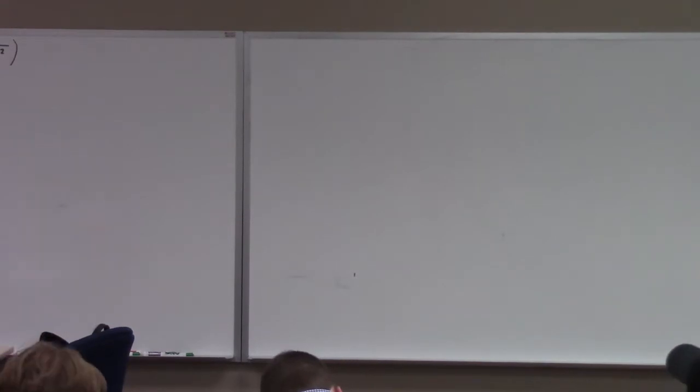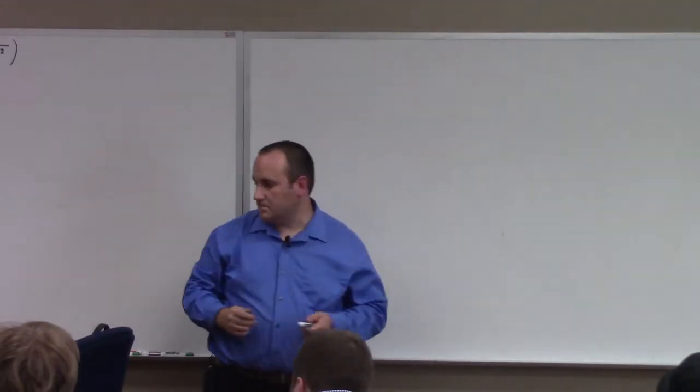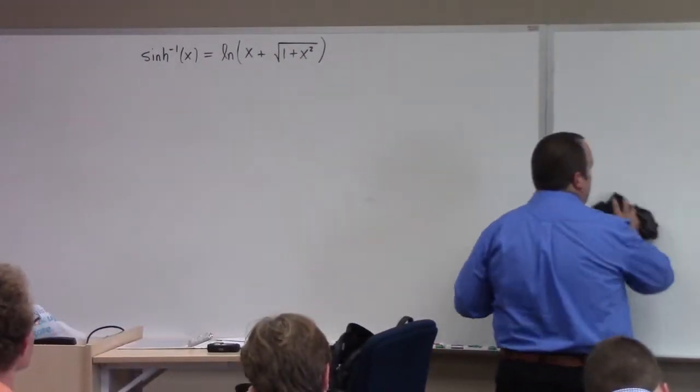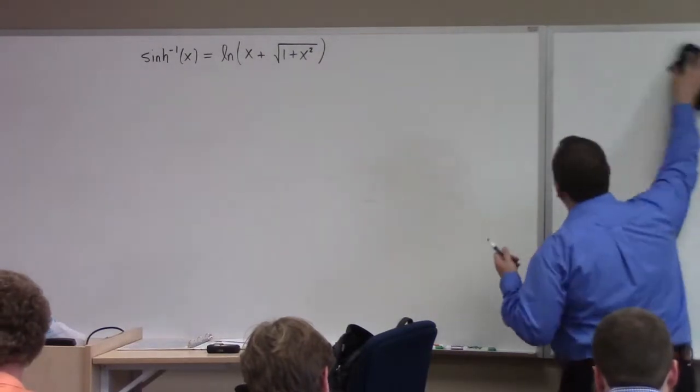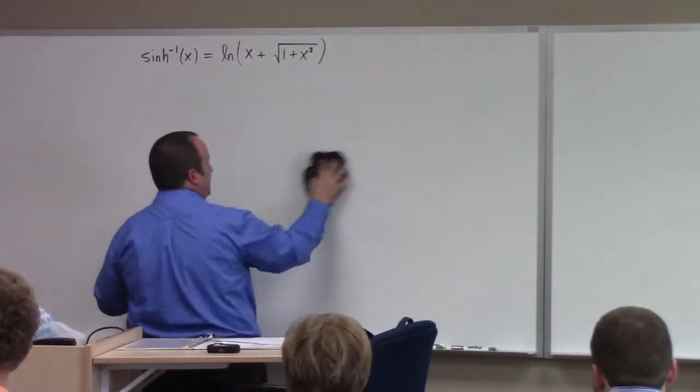What's the domain of inverse hyperbolic sine? That's the same as asking the question, what's the range of hyperbolic sine, right? What's the range of hyperbolic sine? Yeah, the whole real line, right?